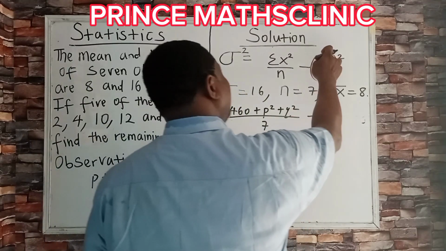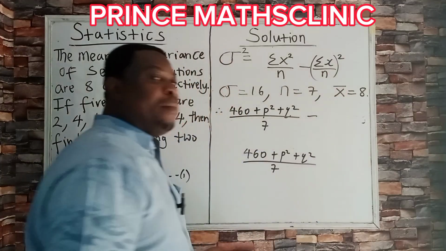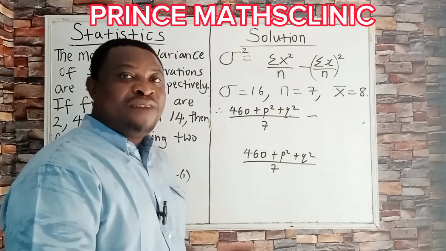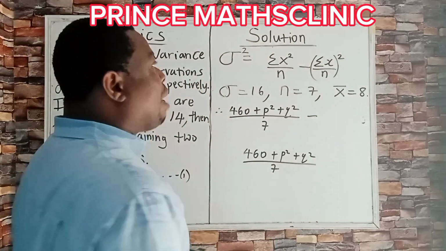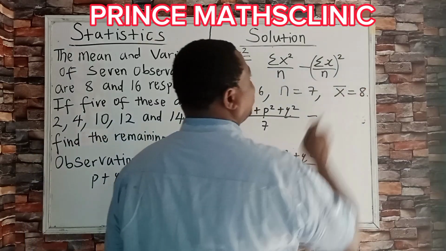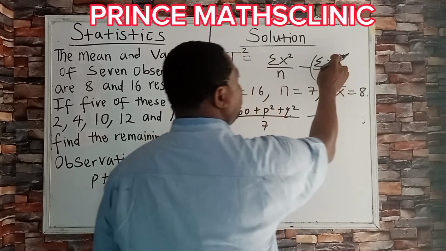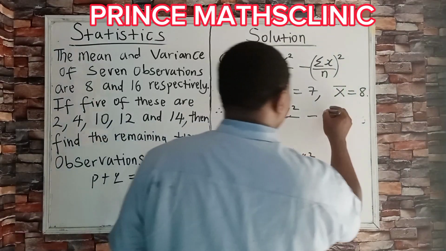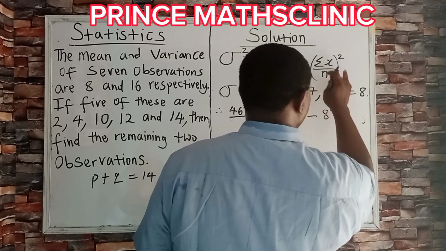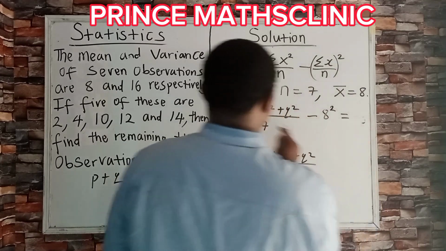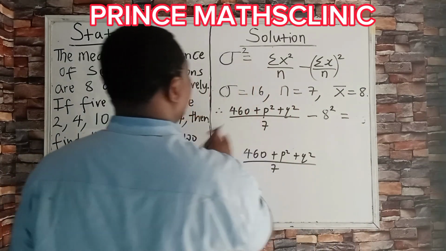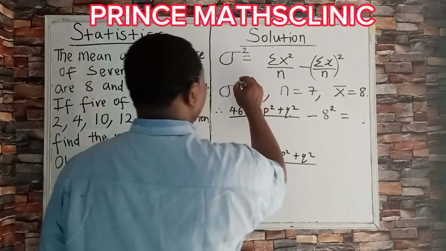Now, if you look at summation x over n, that talks about mean, the average, right? And we have been given our mean to be 8 in the question. So therefore, I can just dump this into this equation. And 8 squared, it means 8 then squared, equal to, remember this formula is variance.